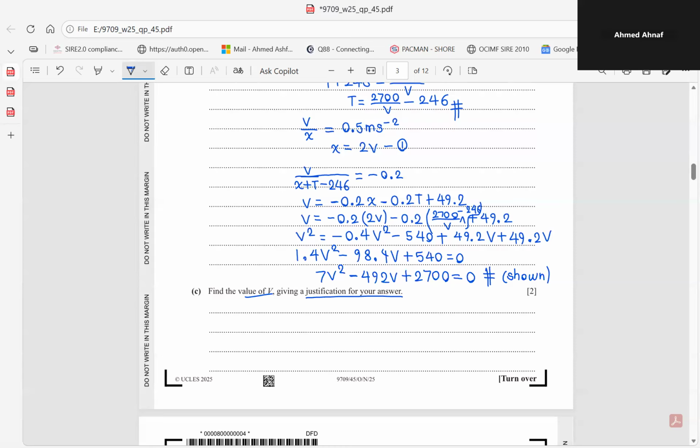Good, it factorizes pretty perfectly. 7v minus 450 times v minus 6 equals 0. Then you get 7v minus 450 equal to 0, then v is going to be 450 over 7.